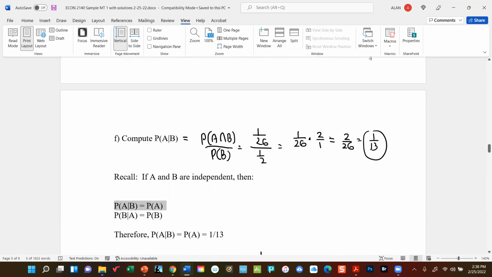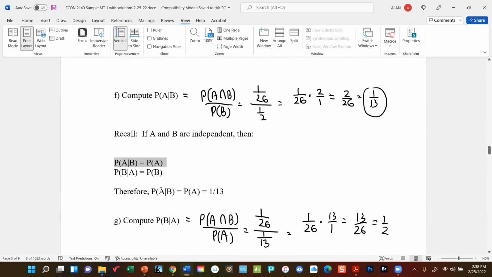Therefore, the probability of A given B must also be 1/13. So right here you can see, because of the independence of A and B, I could have simply looked up the probability of A and come up with the same answer. Now, I wouldn't expect you to come up with that on your own. I have to point this out to you in the beginning, but if you just went ahead and used the definition, that's fine. Either way, the final answer is 1/13.